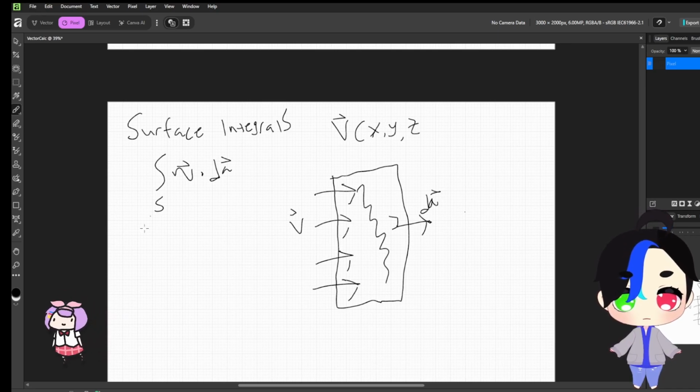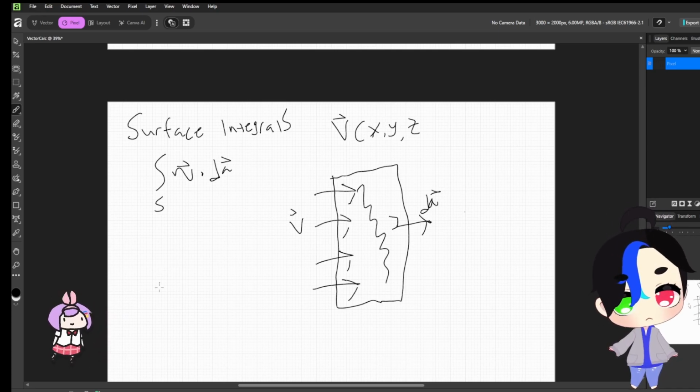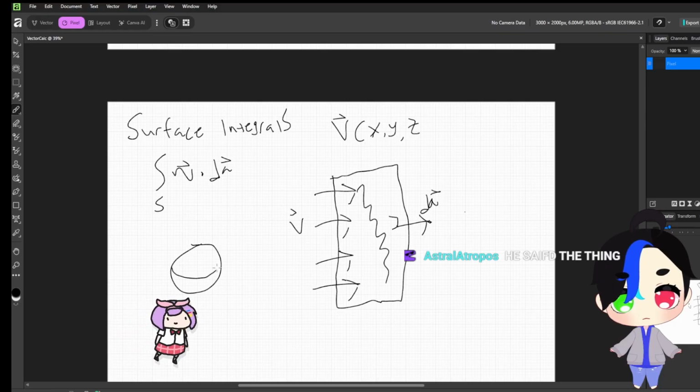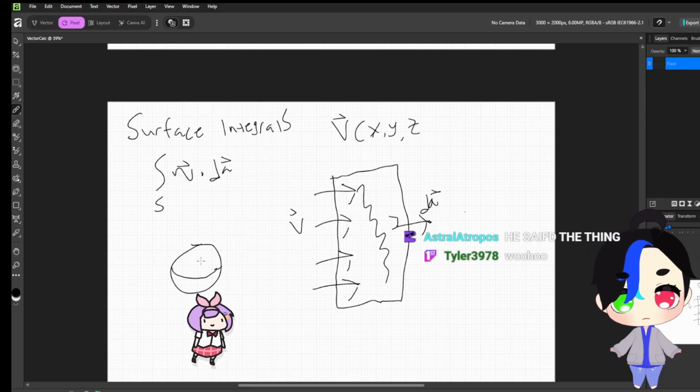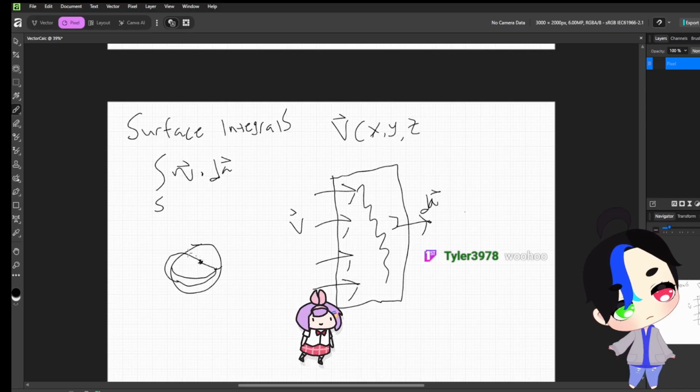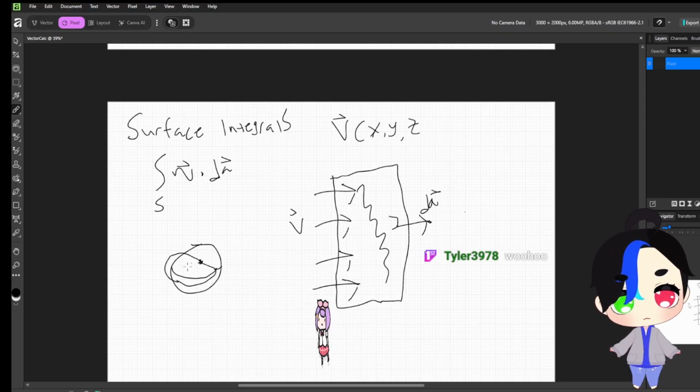So again, similar to line integrals, you can also have what's called a closed surface. As you can see, we have this rectangle. If instead I chose the surface of a sphere, if I pick any point on the surface of the sphere, I can define a path that loops back around to the same point, right? Without ever lifting my pen, so to speak.